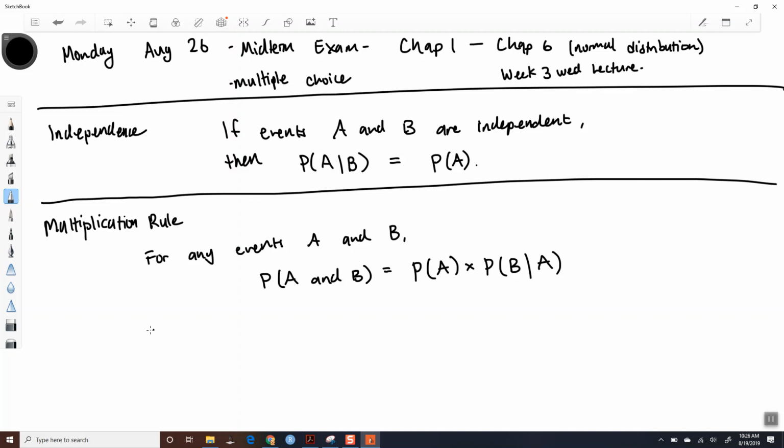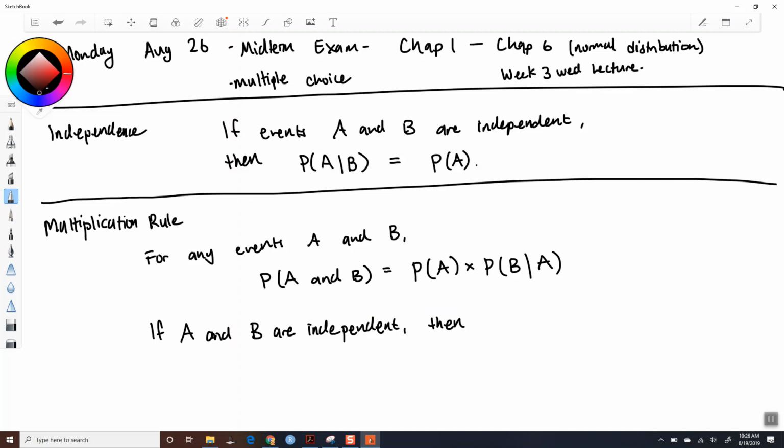And then if A and B are independent, the probability of B given A becomes what?